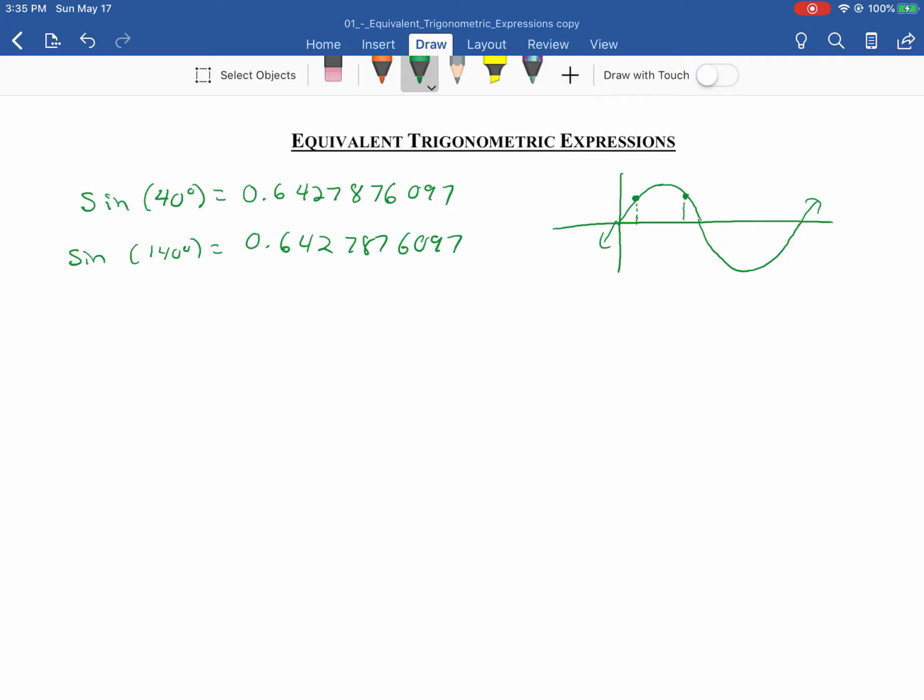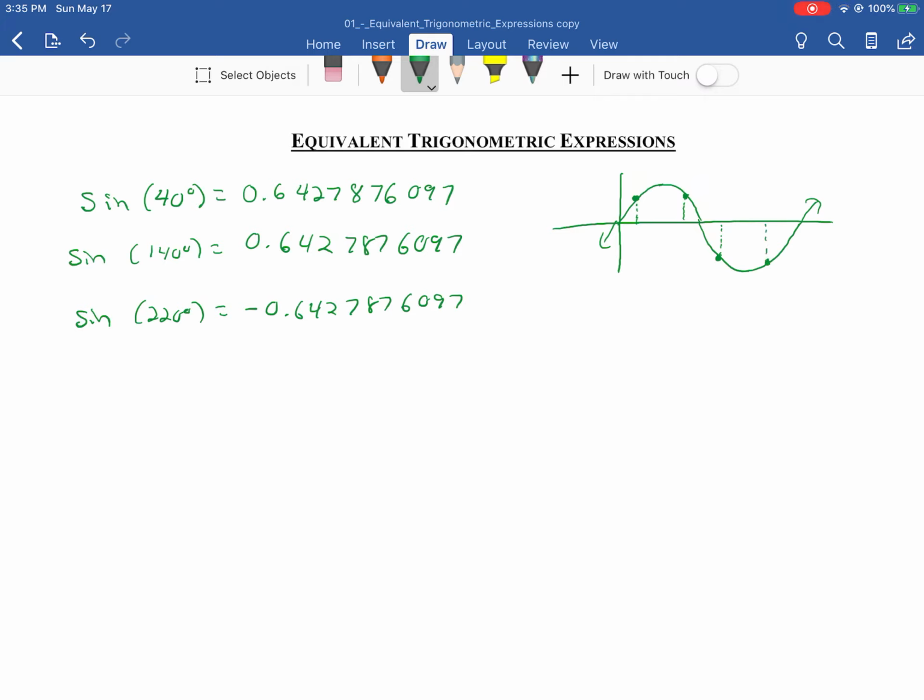Better than that, I'm going to try another angle here. I'm going to go for sine of 220. And sine of 220, when I punch that in, is negative 0.642787697, which is right about here, where I get the same answer again, but only the negative version of it. And that can happen one more time in the first cycle, somewhere about there.